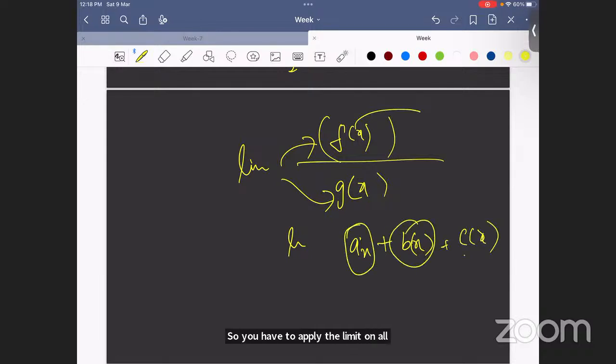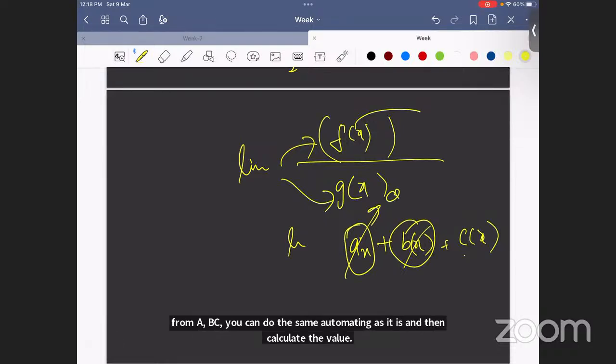The best part about limits is you can split all those functions, and then you just have to calculate the limit of how each behaves. Whatever limits you get from a, b, c, you can do the same arithmetic as it is and then calculate the value. So this is the basic approach to solve that.